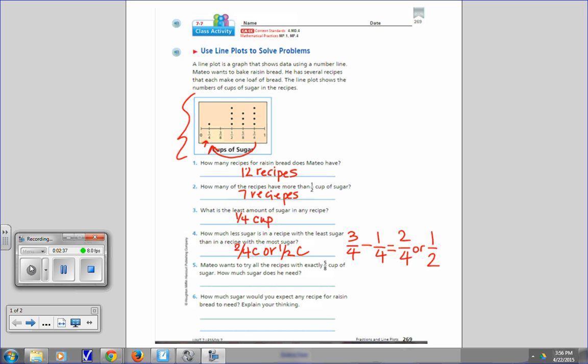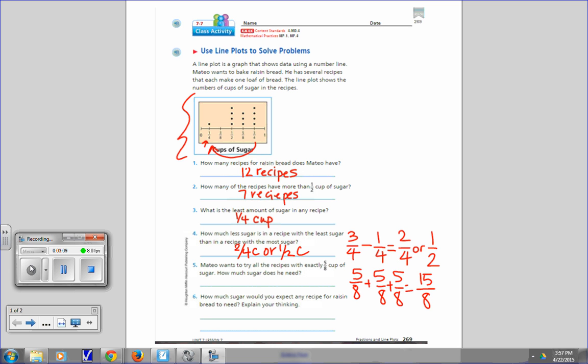Matteo wants to try all the recipes with exactly 5/8 cup of sugar. How much sugar does he need? So there are 3 recipes with 5/8. So it's 5/8 plus 5/8 plus 5/8 equals 15/8.